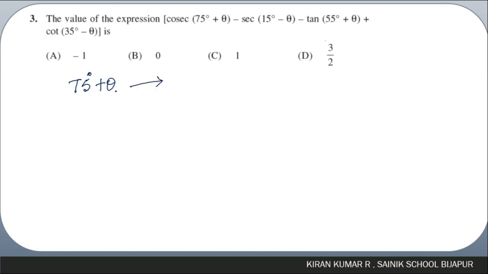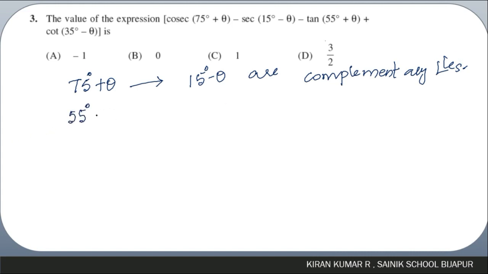If you do 90 minus of this, we will be getting 15 degree minus theta, are complementary angles. Same way, we have 55 degree plus theta, it is complementary angle of 35 degree minus theta.